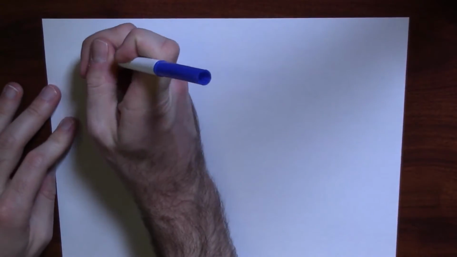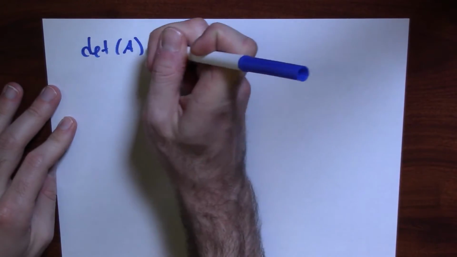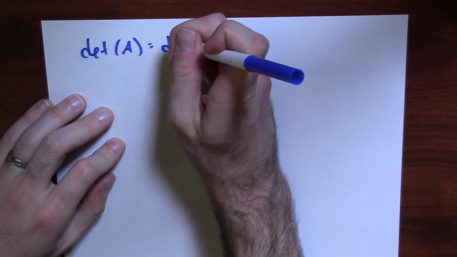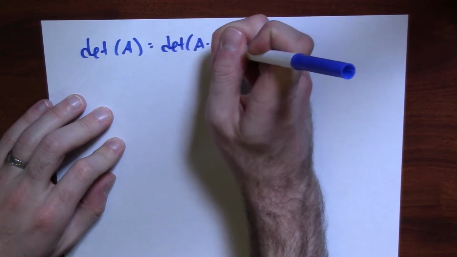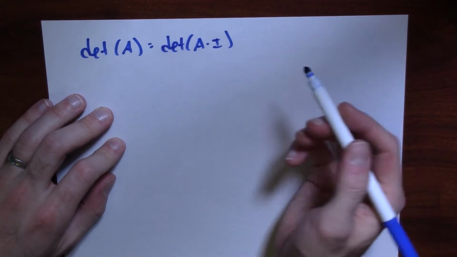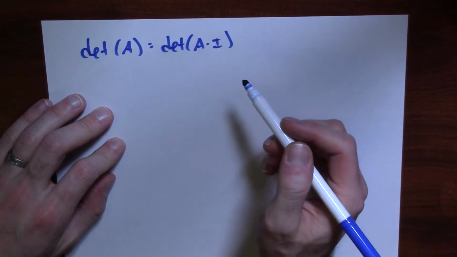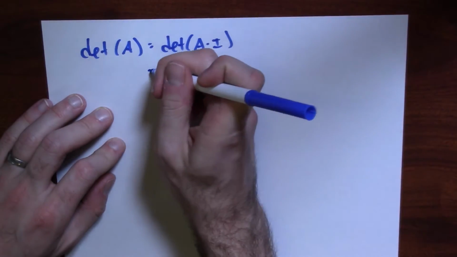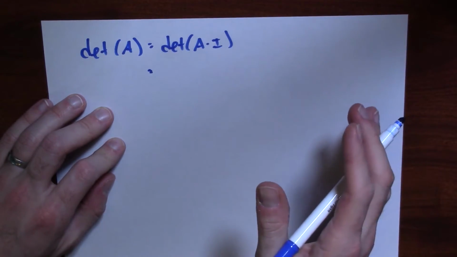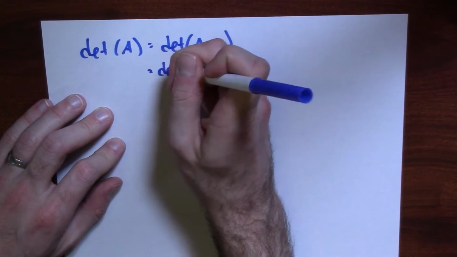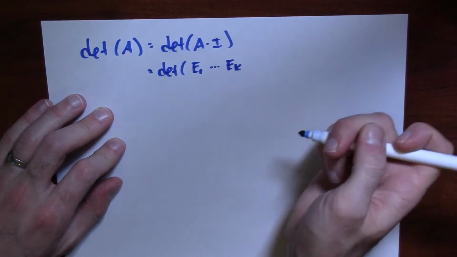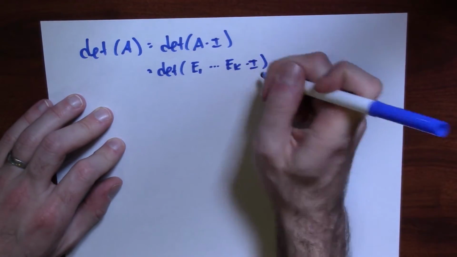Let's think about the determinant of A, and we might reprove a fact you may already know. The determinant of A is the same as the determinant of A times the identity matrix, because multiplying by the identity matrix doesn't affect anything. But I'm working under the assumption that A is invertible, and consequently I've expressed A as a product of elementary matrices E1 through EK.